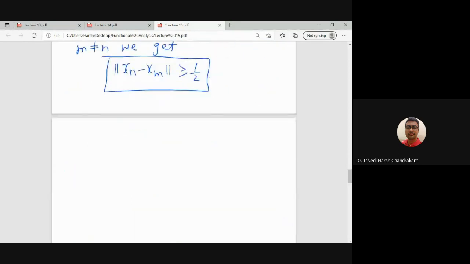So we have infinitely many elements on the unit sphere whose distance from each other is at least half. So therefore xn cannot have a convergent subsequence.